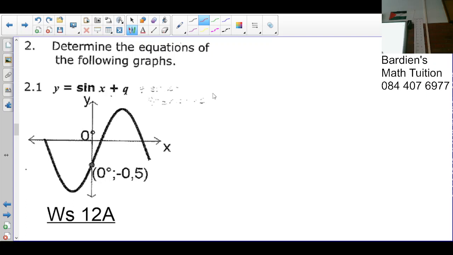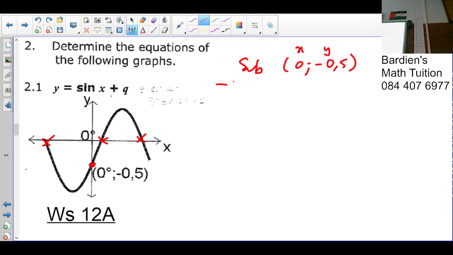We'll substitute a point that's lying on the graph, which is known to us: 0 and minus a half. People, that is a point on the graph, but the coordinates are not given to us. So what we do is we substitute 0 and negative 0.5, remembering that's an x and a y.